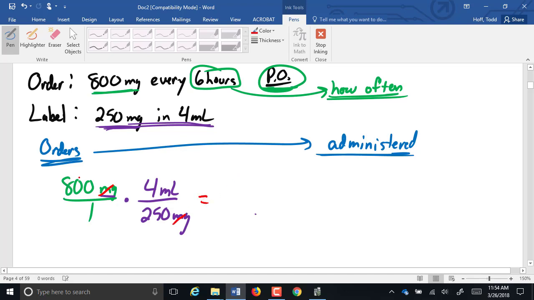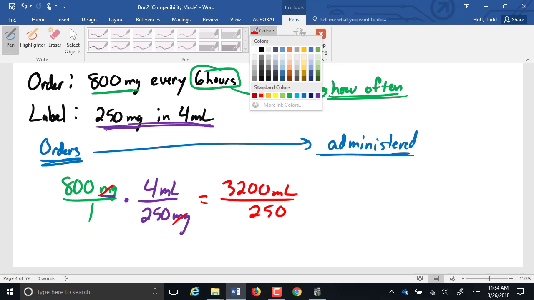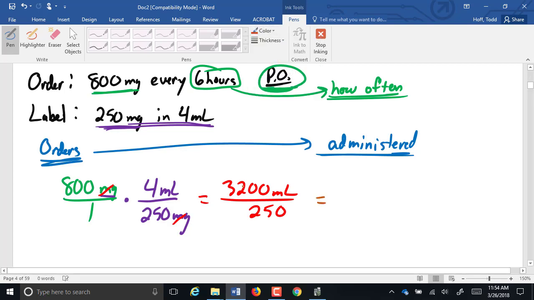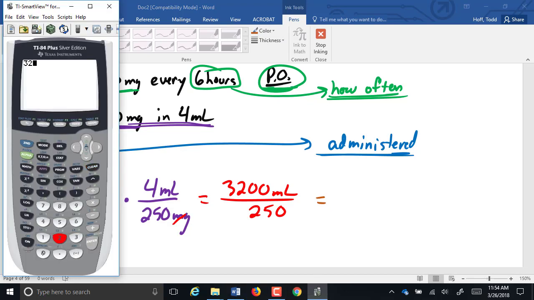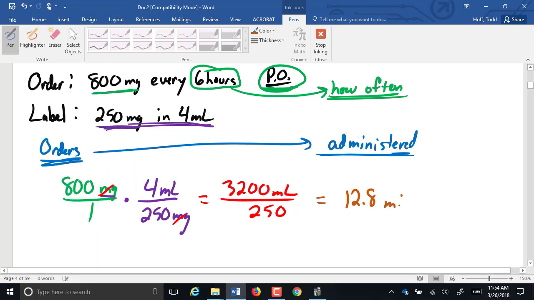Now we have 800 times 4 milliliters, which is 3,200 milliliters, over 1 times 250. To get the number of milliliters to administer here, we have to divide that out. 3,200 divided by 250 is going to give us 12.8 milliliters. So every 6 hours, we will have to go to that patient and administer 12.8 milliliters of that medication.